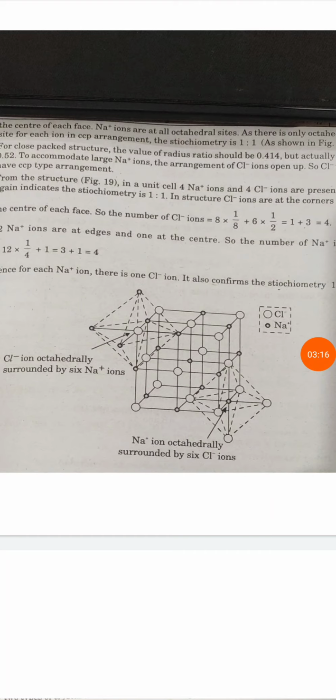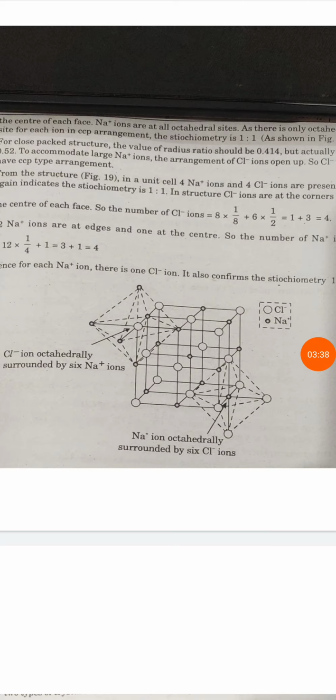So chloride ions have a CCP type of arrangement, and from the structure, in a unit cell, 4 sodium ions and 4 chloride ions are present. It indicates that the stoichiometry is 1:1.